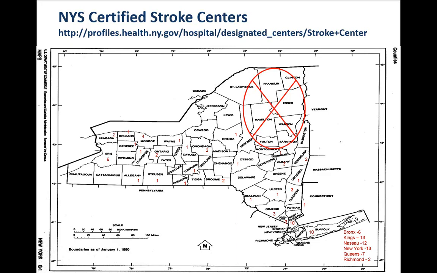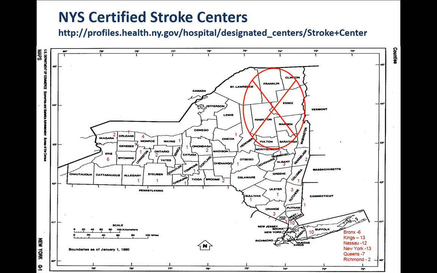And you're right, they really are isolated, and especially Essex County and Clinton and parts of Franklin are actually airlifted once they're stabilized from the local hospital to Burlington, Vermont, which is the closest designated stroke hospital to that region. The lower portion that you have outlined, parts of Warren, Saratoga, Fulton, and lower Hamilton would go to Albany.